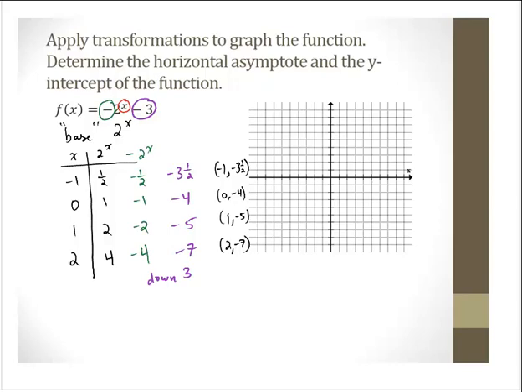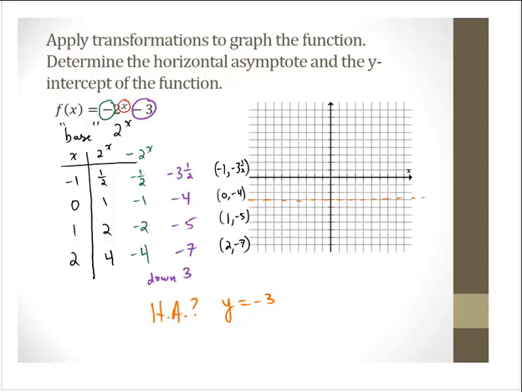Horizontal asymptote? Well, the horizontal asymptote has been shifted down 3 as well. Y equals -3. So let me draw in my dotted line.